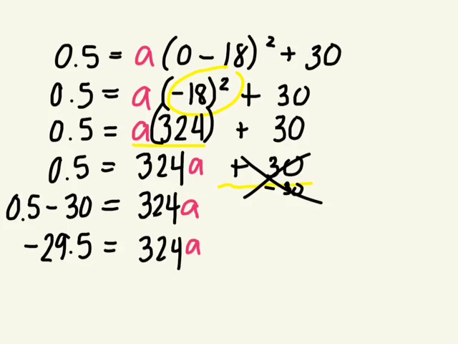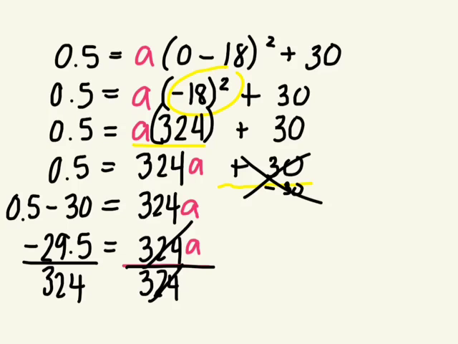So now we have 324 multiplied by A. I need to get rid of this 324. Opposite of multiplying is, if I divide by itself, that cancels out, right? What do I have to do on the left side? Divide by 324. So I'm left with just A. And we can solve this now. What's negative 29.5 divided by 324? Negative 0.09.